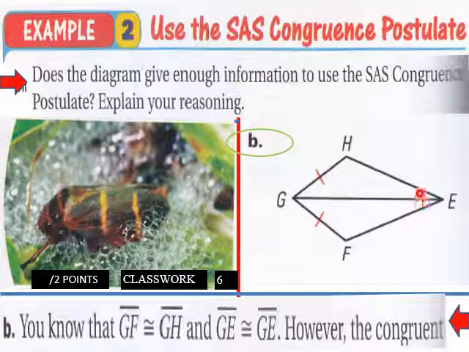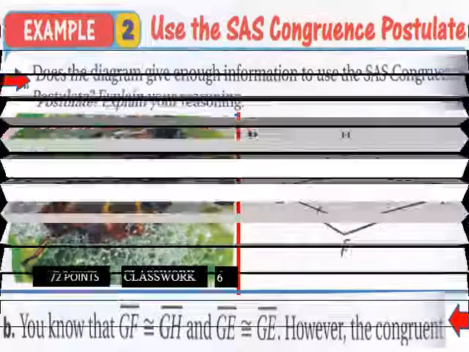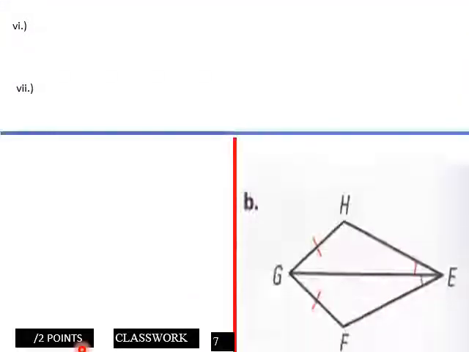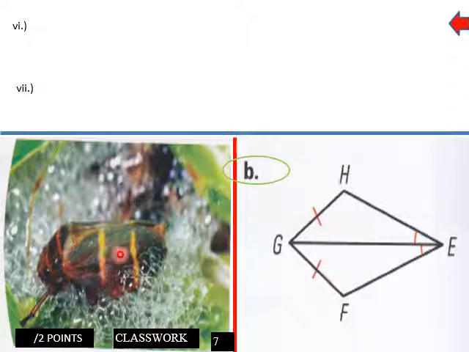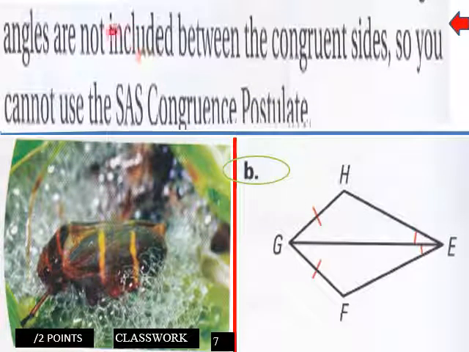We have this, and then we have these angles here. However, the congruent angles are not included between the congruent sides. We have a side here, and then we have an angle. Side angle. Have we learned that yet? We haven't. So you cannot use SAS. We can't use SAS here.